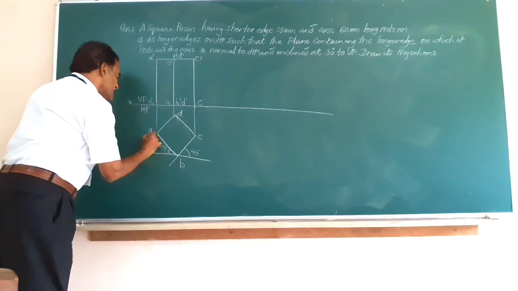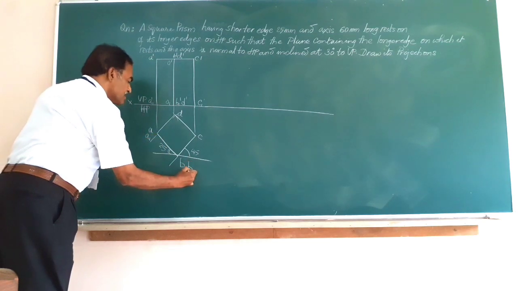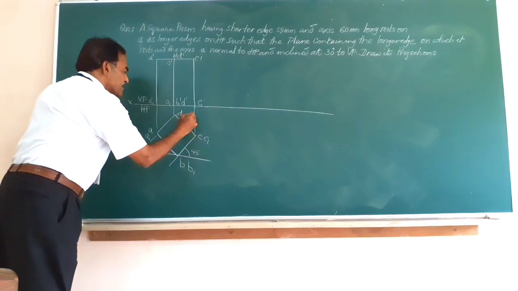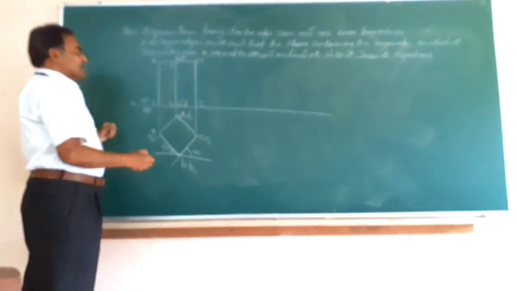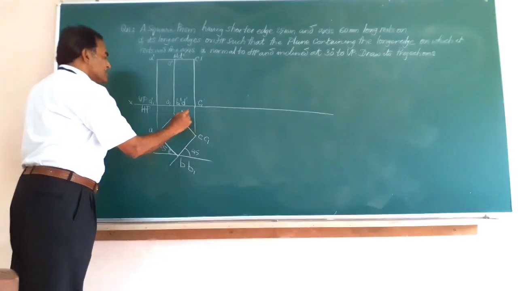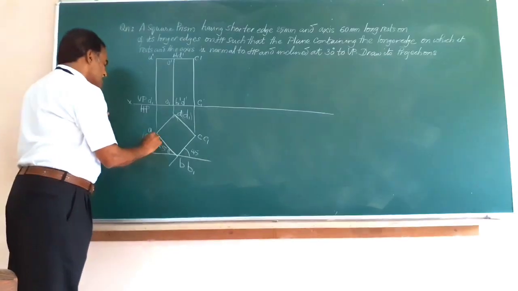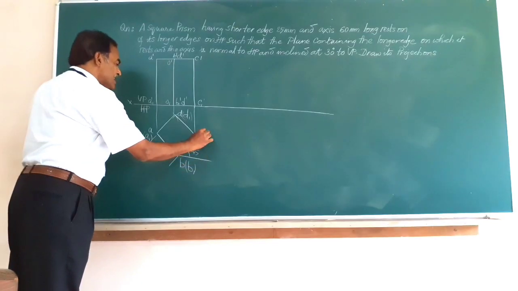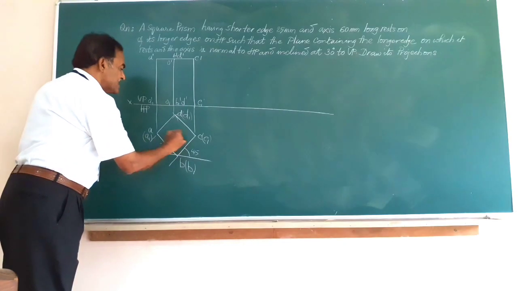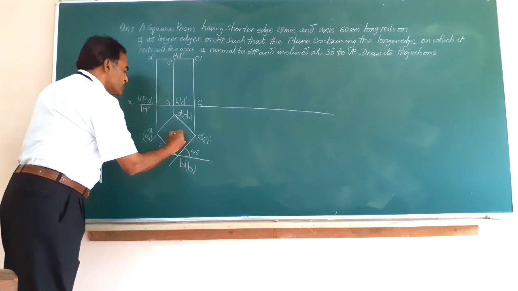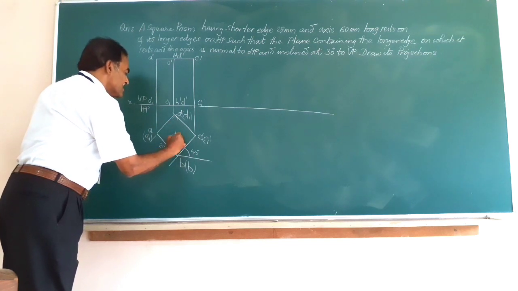Here double marking AA1, BB1, CC1, DD1. Here, as I told you before, the bottom corners are not visible. We can show D1, A1, B1 and C1 in brackets. Locate the center by joining these two diagonals and you will have the center O, O1.